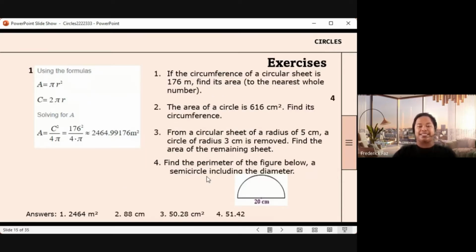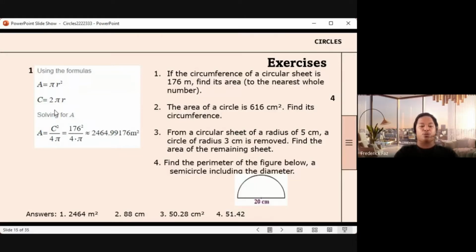Let's have these exercises po. Number 1: if the circumference of the circular sheet is 176 meters, find its area to the nearest whole number. We need to have the formulas for the area and the circumference. Substituting to this formula, we can have the formula for the area of the circle, which is equal to the circumference squared over 4 pi.